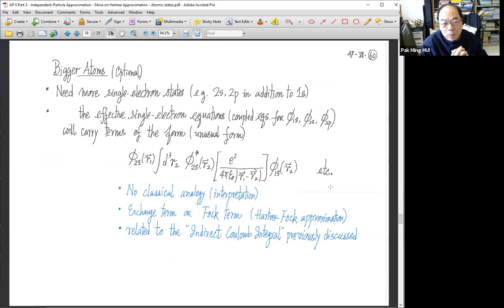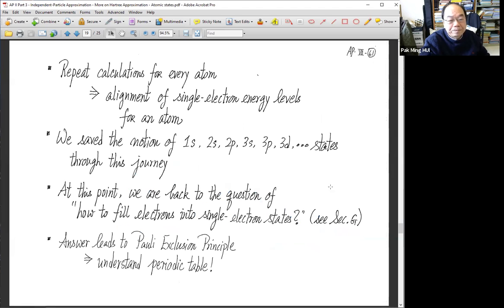Therefore, that theory will be called Hartree-Fock approximation. I mentioned this term before last time. This is called the indirect Coulomb term, or simply called the exchange energy term.